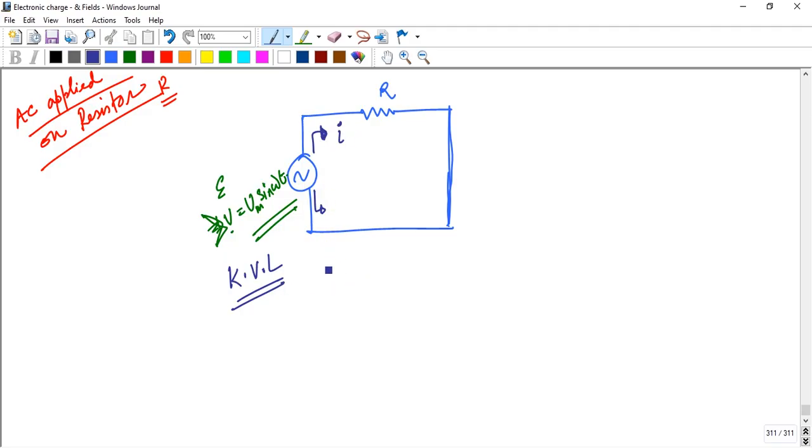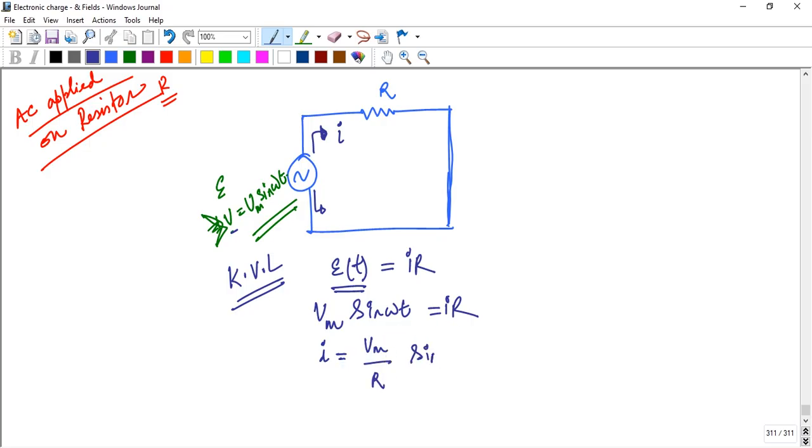So from KVL, the EMF as a function of time t is equal to I times R. That is, Vm sine omega t is equal to IR. So I equals Vm by R sine omega t.